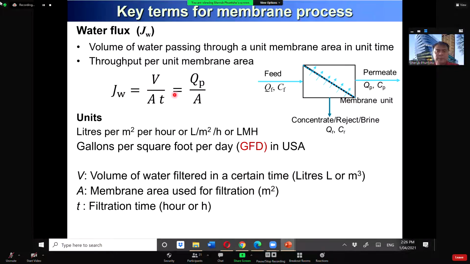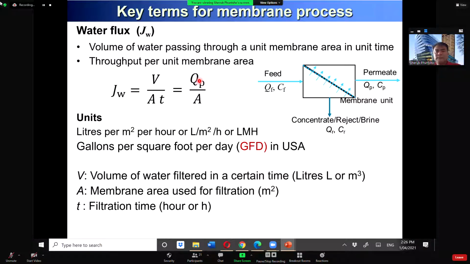So flux is basically volume divided by area times time. Volume is the volume of permeate that you get, the area is the membrane area, and T is the time, how long you have operated, say, 1 hour, right?